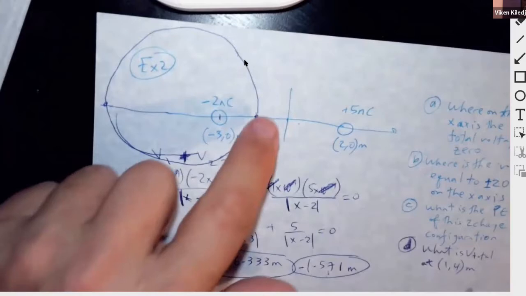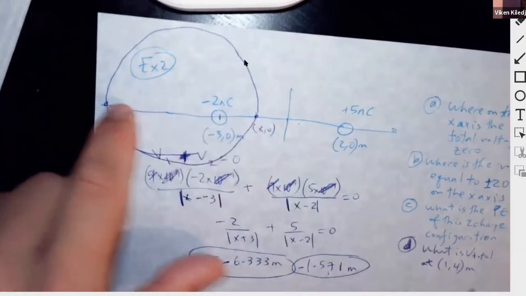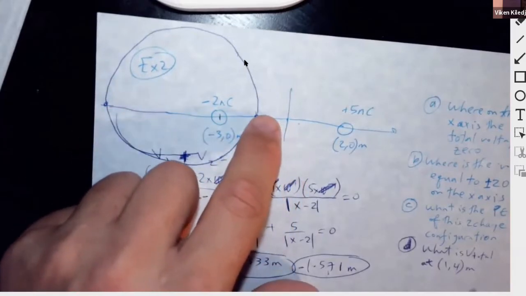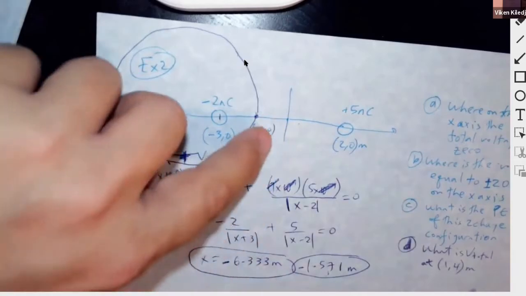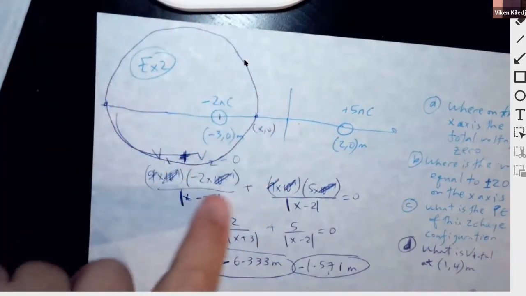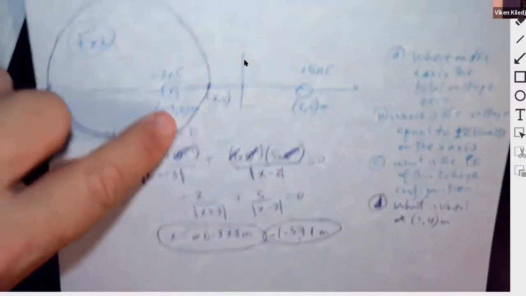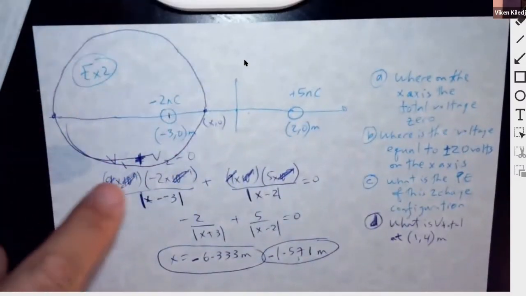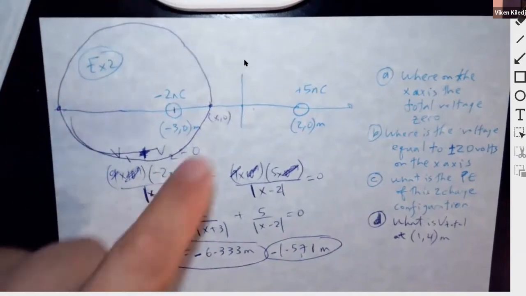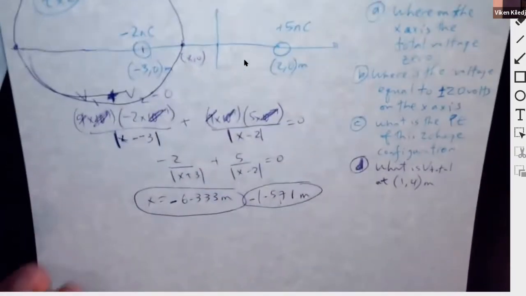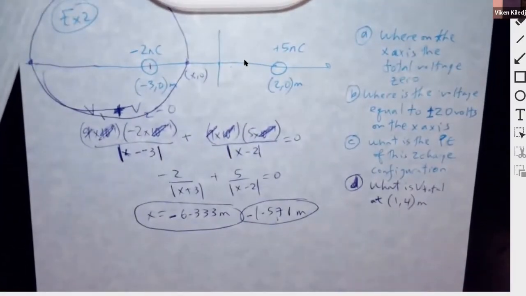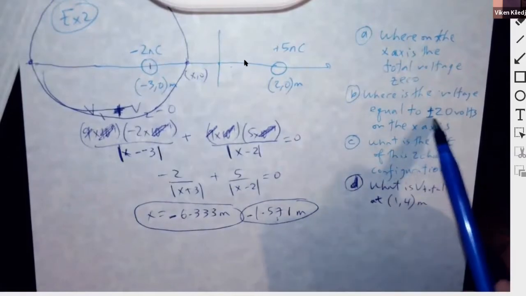So there's always going to be 2 points on the x-axis where it satisfies that condition, because it's going to go like this, you know. So later on, we can come back to that and maybe even try to solve the equation of that equipotential surface. You see? Okay, so the question B, where is the voltage 20 volts, let's say, or negative 20 volts?